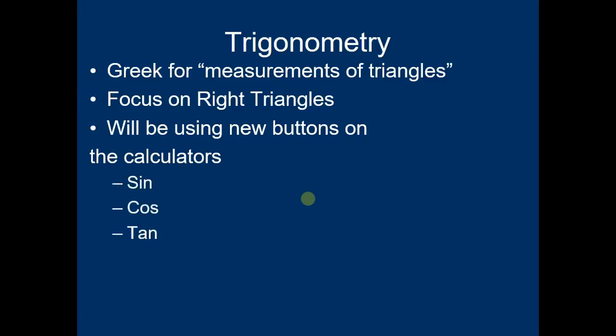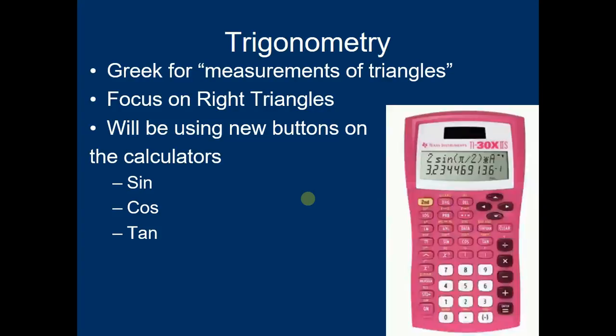You may have seen them before: the SIN, COS, and TAN buttons. If you have a Texas Instruments calculator, one thing you're definitely going to want to find is the sine button, the cosine button, and the tangent button. The other thing you need to look at is whether it says RAD in the corner.